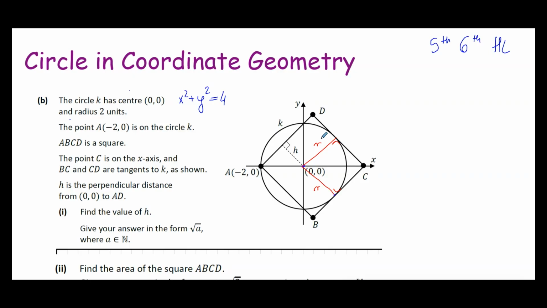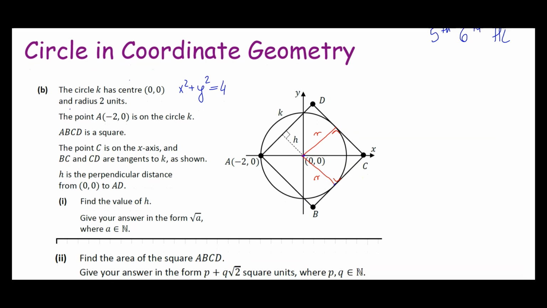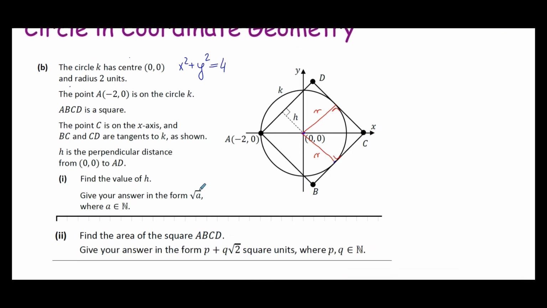Then we are told h is the perpendicular distance from O to AD. We first have to find the value of h, giving the answer in the form a square root of a. Once we find h, we will be able to do the second part, which is finding the area of the square. Why? Because the area of the square is the length, isn't it?